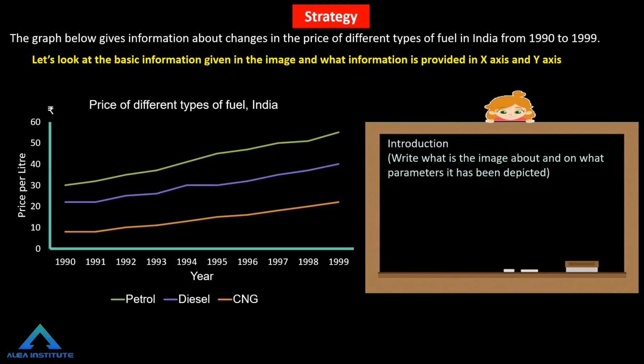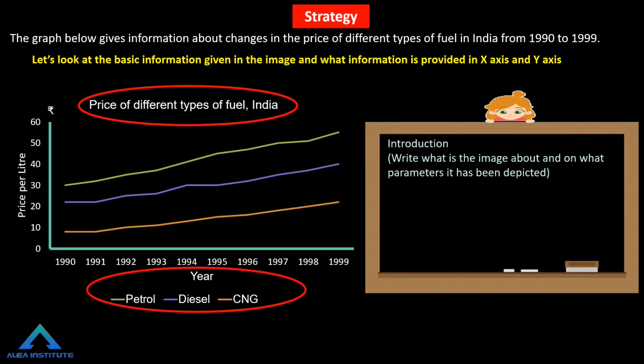So first, the price of different types of fuel is given and the country is mentioned as India. Now, if we look at the different fuel types, petrol, diesel and CNG are given. The price is given per liter in rupees, and the years are mentioned from 1990 to 1999, that is given in the information above as well.